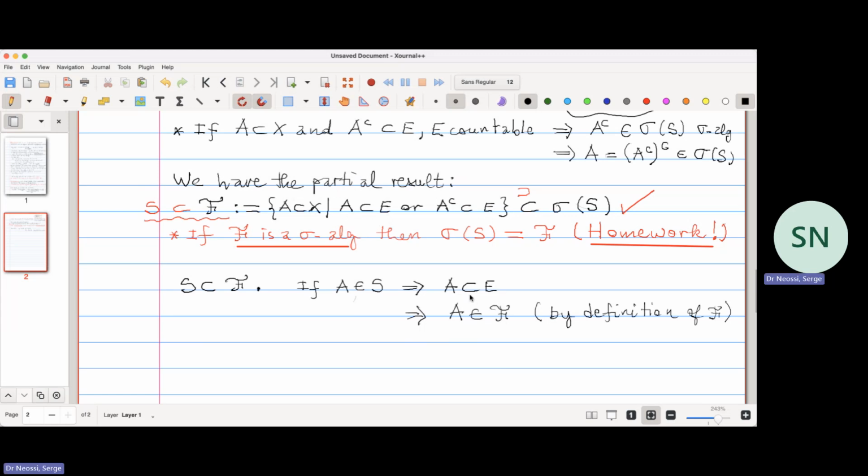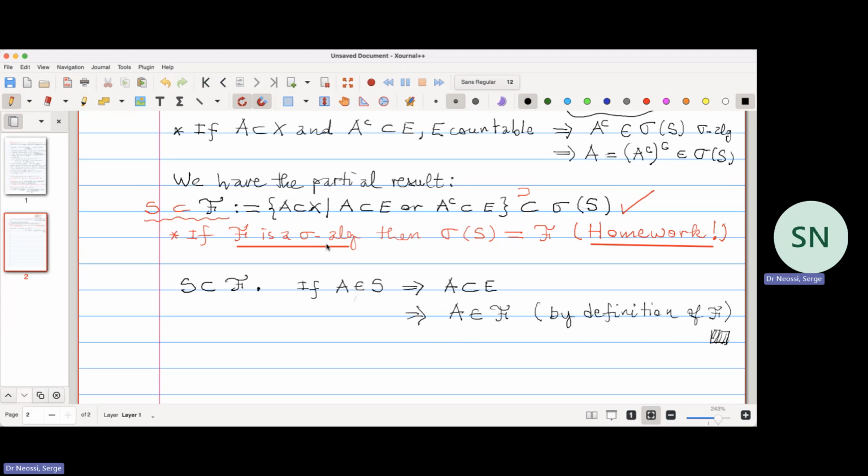The fact that A is a subset of E is enough to say that A is in F. So we have just taken an element of S here. We show that that element of S is also an element of F. So this ends the proof. So the homework now is to show that this F is a sigma algebra, that's all. And that shouldn't be difficult.